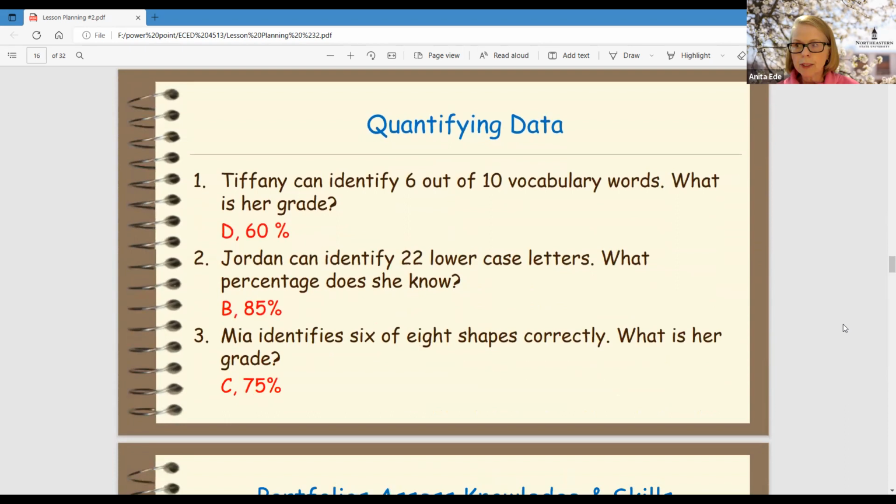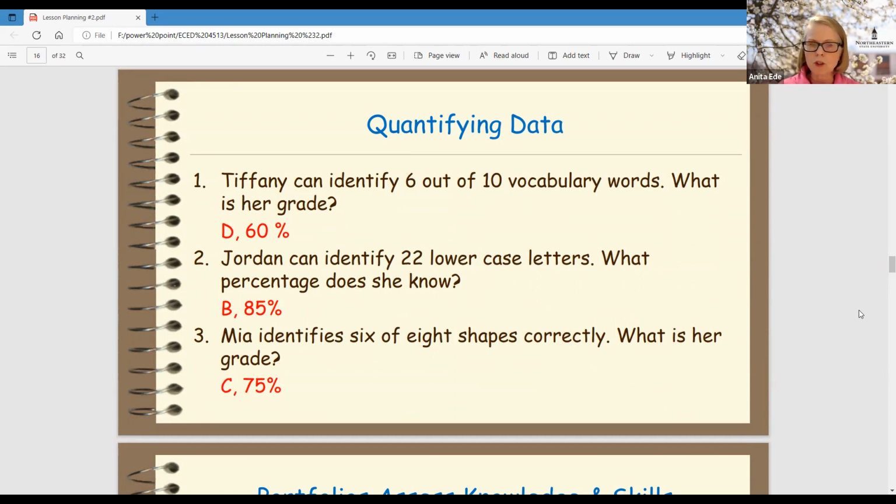Okay, so we are going to have to quantify data, absolutely, because when you have an issue, people are going to want to know, well, what percent do they know? And you're going to have to work that out and keep records.